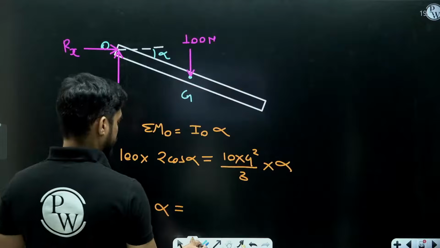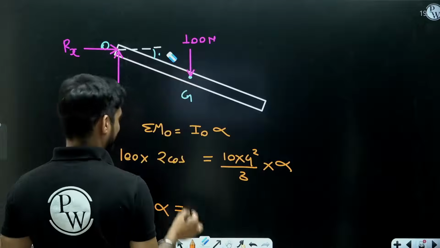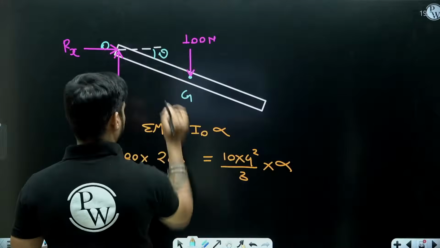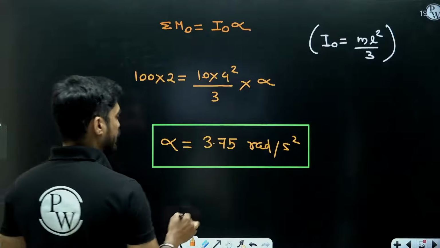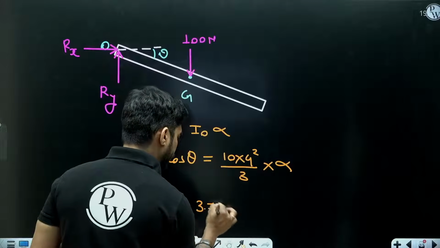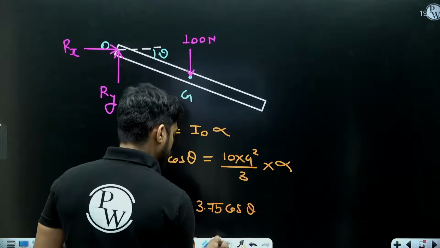Let me consider this angle theta, otherwise we will get confused. I remains the same. So alpha will be 3.75 cos theta.